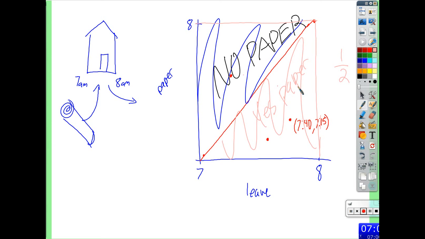There is a shape, you need to find the areas and compare them, the smaller area to the larger area, to find the ratio of how many points are here to how many points are here. So we call that geometric probability, which is neat and fun and stuff.